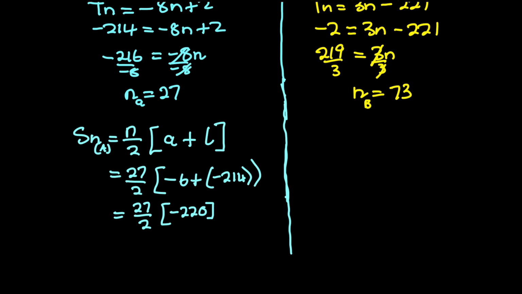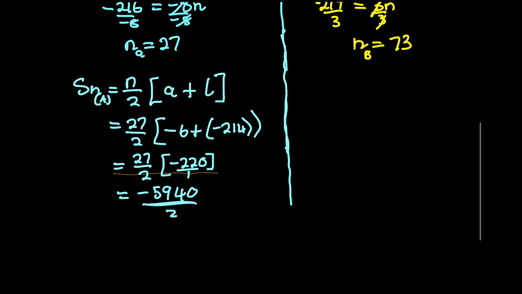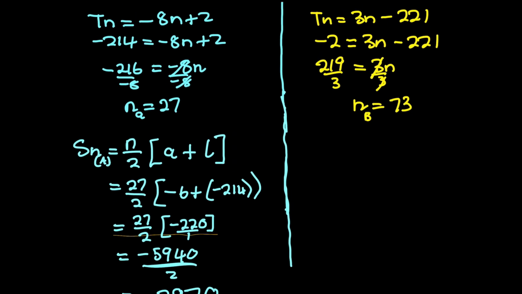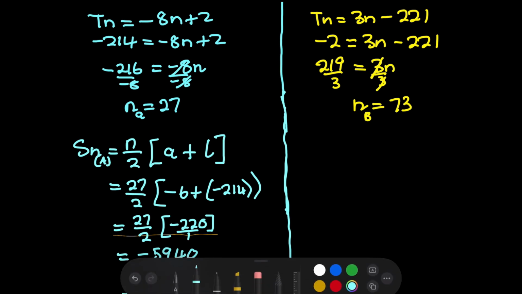If you multiply that, you're going to get negative 5,940 divided by 2, so we're going to get negative 2,970. So the sum of this one gives us negative 2,970. Okay, my apologies, my mind is not here.